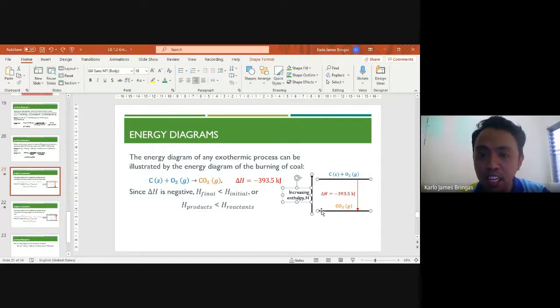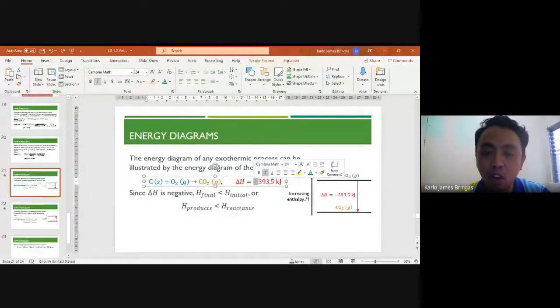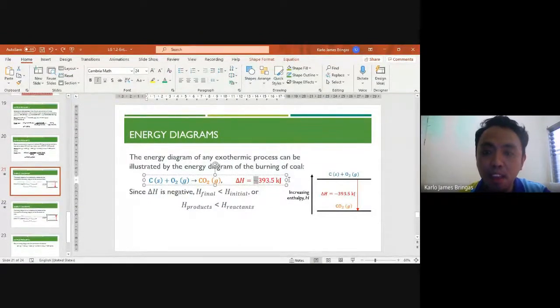So we have our energy diagram. The energy diagram allows us to represent in pictures the process that is going on. Like in the case of this one, you have an exothermic process. Again, it is exothermic because the sign is negative. We have the following parts: an upper layer and a lower layer.